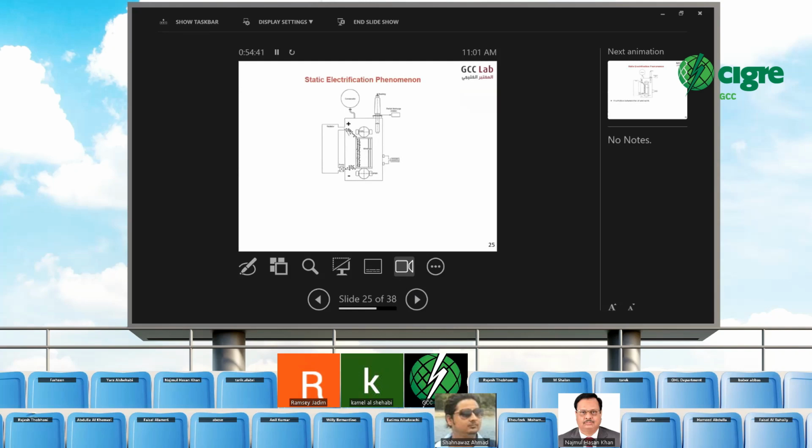Static electrification phenomenon. There are now some transformer failures due to static electrification.